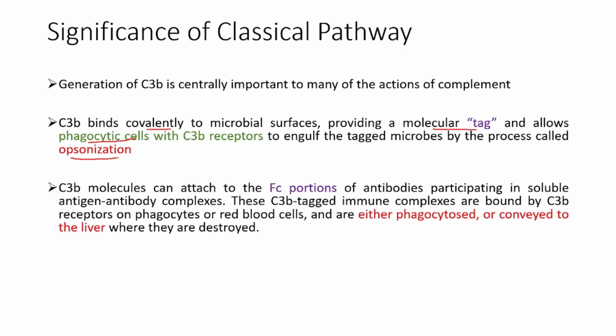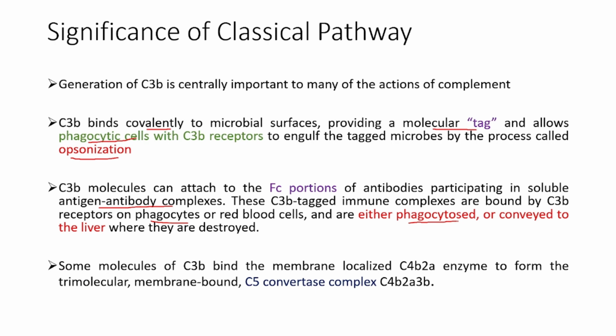Another thing C3B can do is bind to antigen antibody complexes, that is, immune complexes. Here also they can function as molecular tags and guide the phagocytic cells or the red blood cells to phagocytose or destroy these immune complexes.